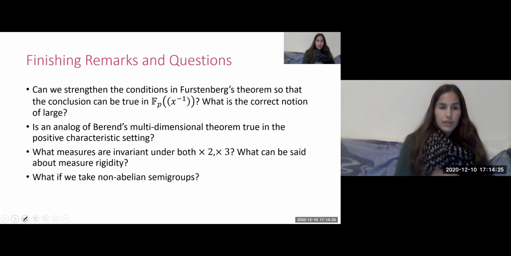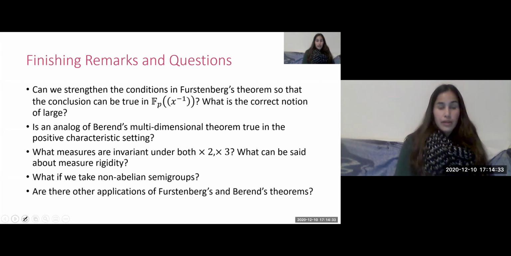And now another question that we can ask, beyond more theoretical questions, is questions about applications. Are there any other applications of these theorems? We saw an application in number theory and Diophantine approximation. We can wonder, can we apply these to any other fields? It turns out that the answer is yes.